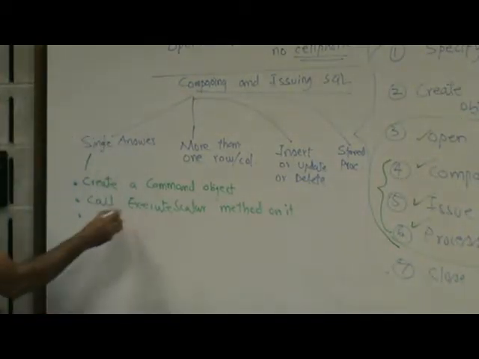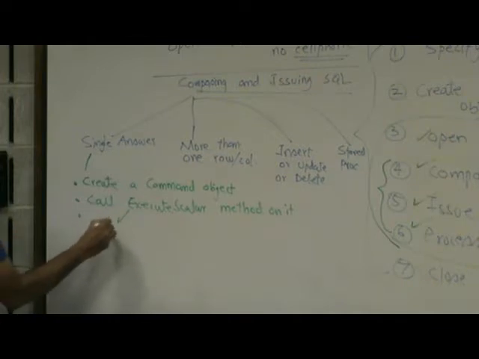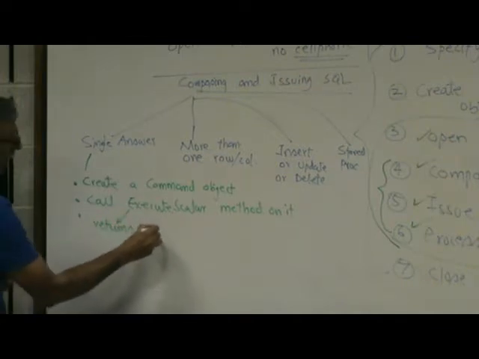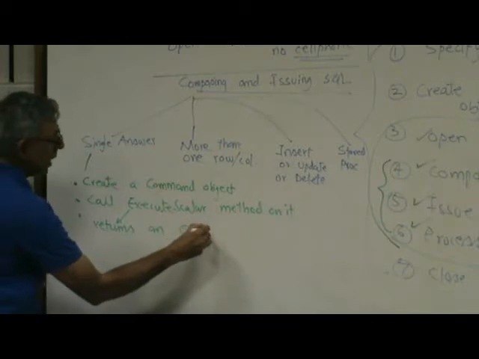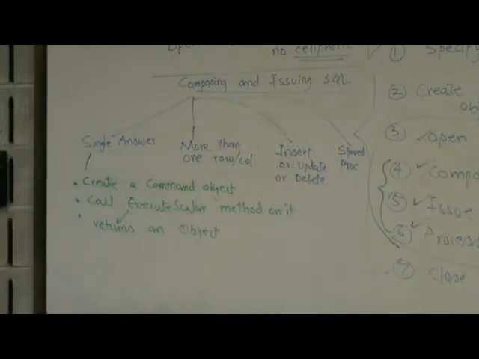And this returns an object, which is the base class. And then by using object.toString or object.whatever data type you have, typecasting it to that particular object, you can get your answer, whatever single answer you were trying to obtain, right?